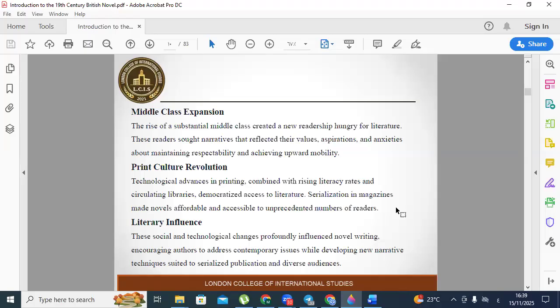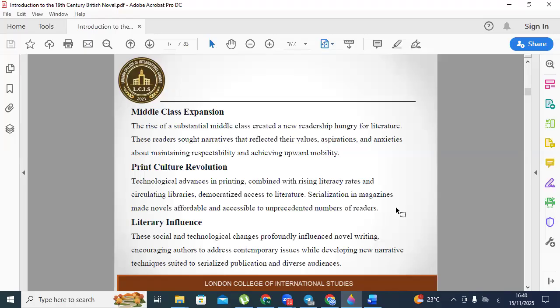Print culture revolution. Technological advances in printing combined with rising literacy rates and circulating libraries democratized access to literature. Serialization in magazines made novels affordable and accessible to unprecedented numbers of readers.